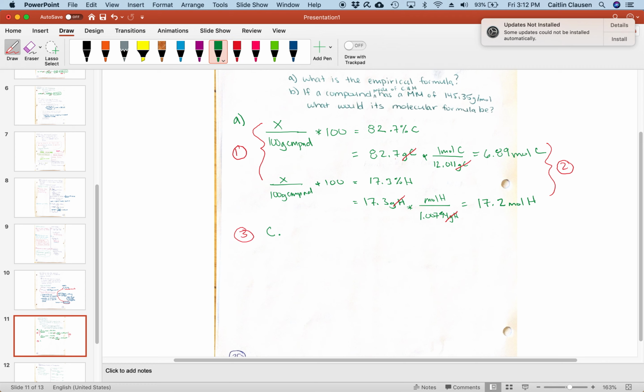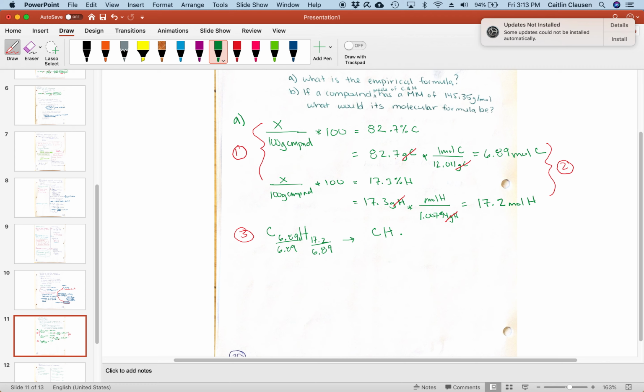I have C 6.89, H 17.2, and if I divide 17.2 by 6.89 gives me 1 carbon, which I'm not going to write.